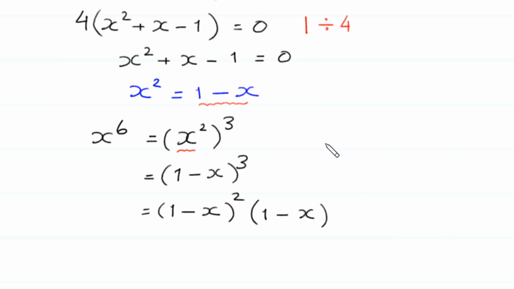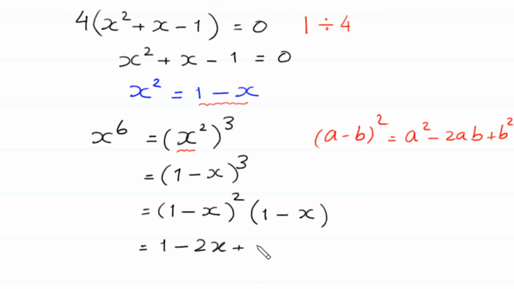Now according to algebraic identity, a minus b whole square is equal to a square minus 2ab plus b square. This 1 minus x whole square is equal to 1 minus 2x plus x squared times this 1 minus x.